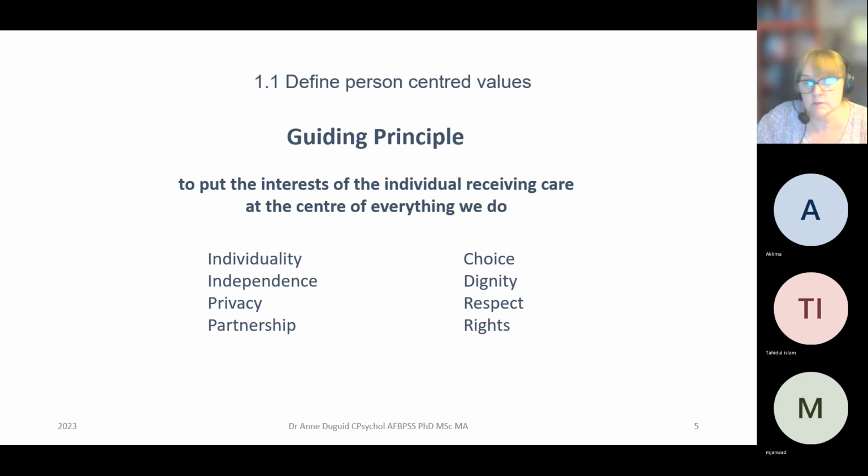And they have rights. So they have rights to equality. They have rights to be able to make choices in their life. They have rights to be included. All of these things mean that these aren't just vague ideas. They are rights that everyone has in law.